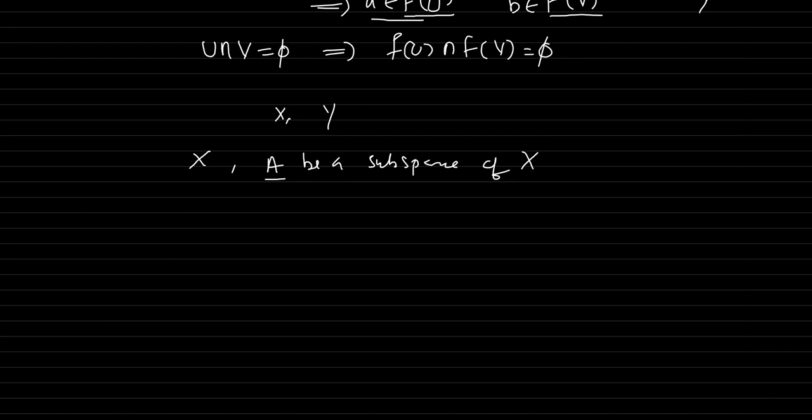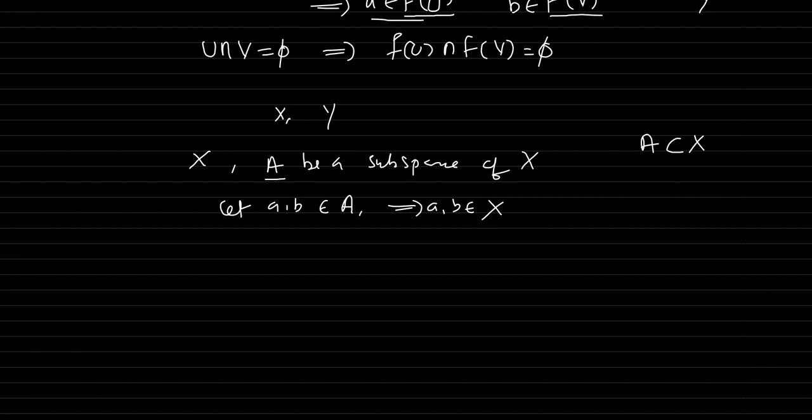For that, let A, B be two distinct points in A. Here A is a subset of X. Therefore, these two points belong to X, and X is a Hausdorff space.